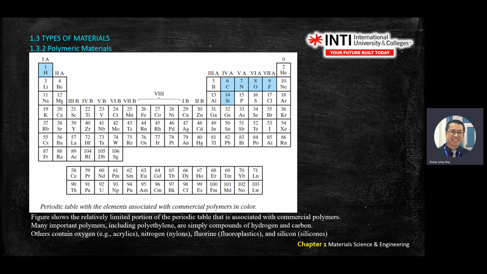Normally those highlighted ones, in blue, can form polymeric material. So H plus C, if 2 carbon, 4 hydrogen, you get ethylene, and so on. Silicon plus oxygen and so on becomes a diamond structure.